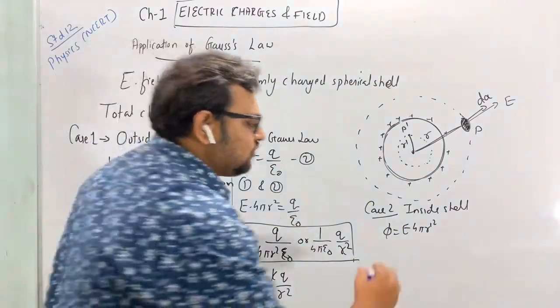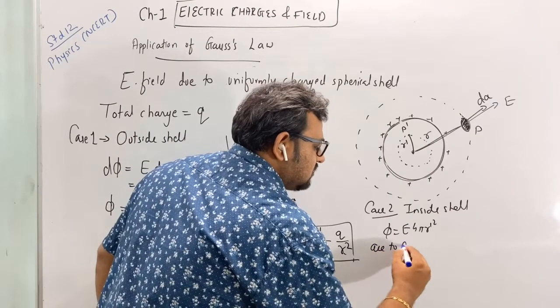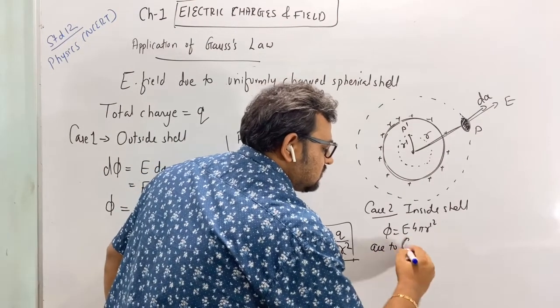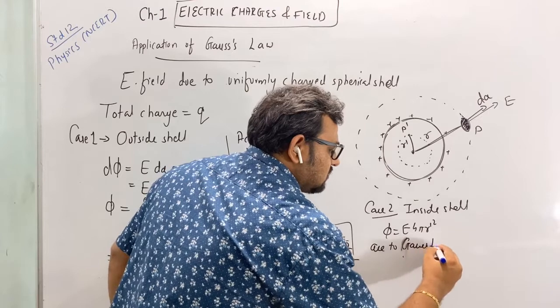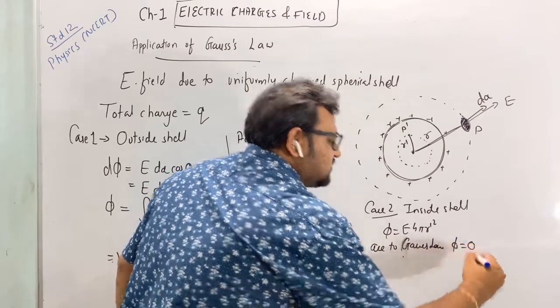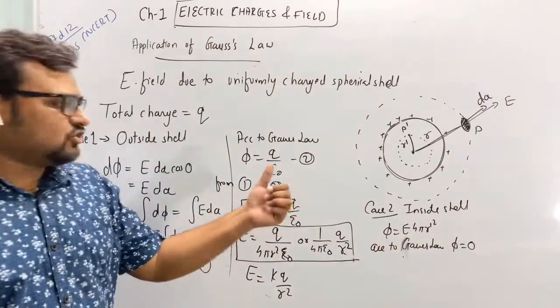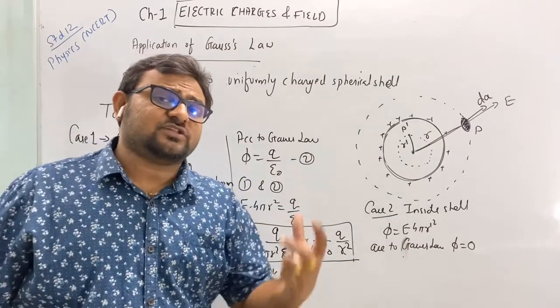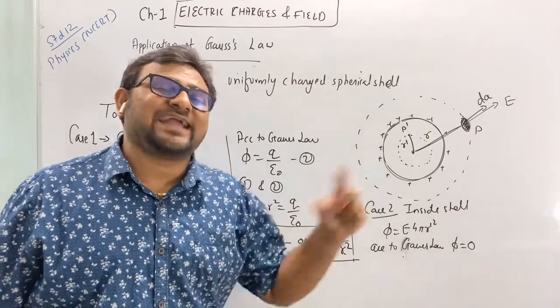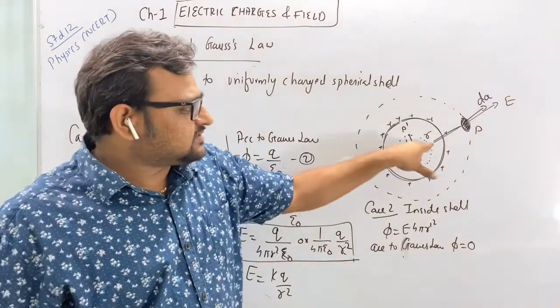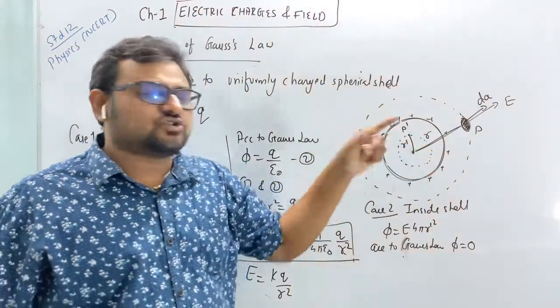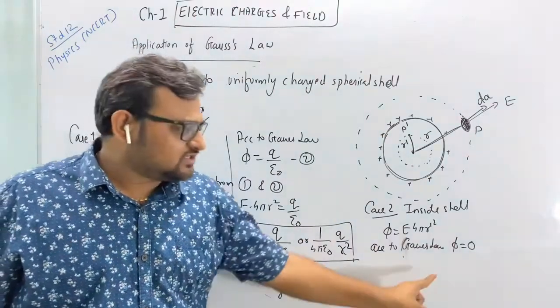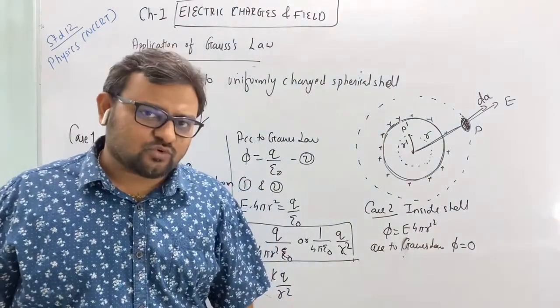But now, according to Gauss law, flux is equal to q by epsilon 0. And what was q in that formula? The total charge enclosed inside the surface. Now, inside this surface, there is no charge, so it is equal to 0.